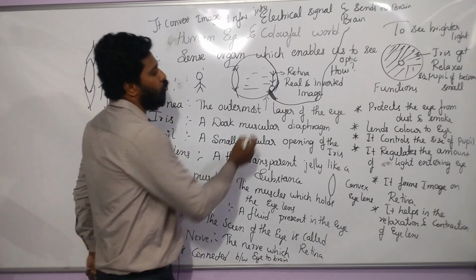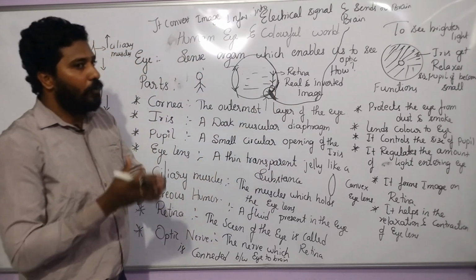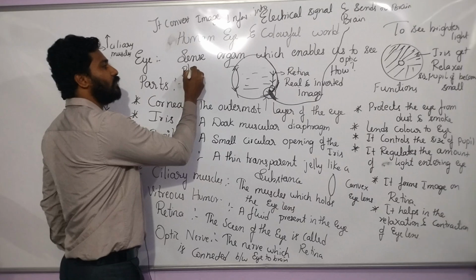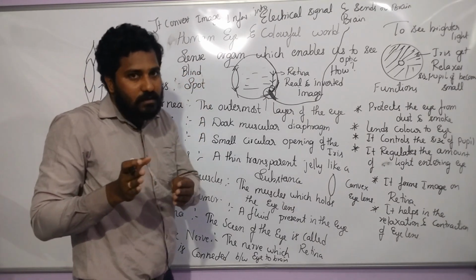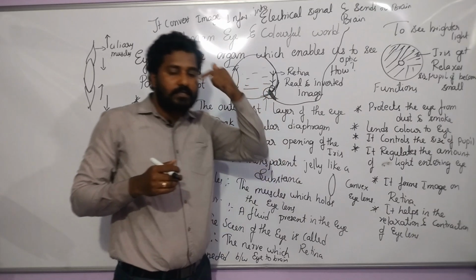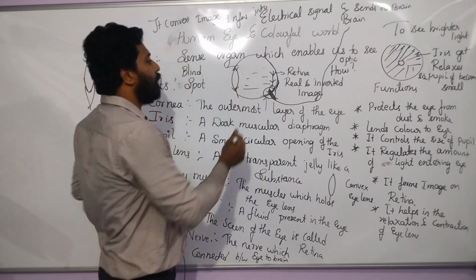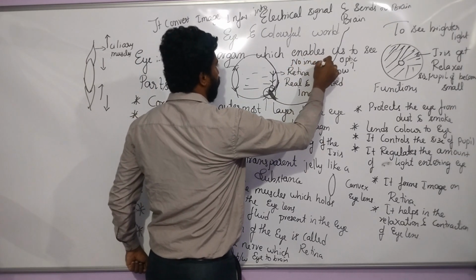At last, the region where the optic nerve enters the eye is called the blind spot. No image forms on the blind spot. This is important.